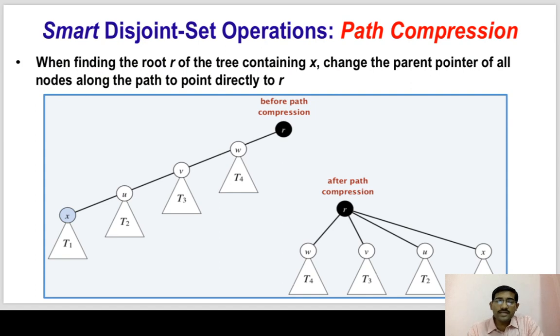As we have seen, union by size as well as union by rank does not give find set and union operations in less than order of log n time. So can we do better? In terms of doing better, what are the fundamental things we can look for? Suppose in this particular set we are trying to find x.